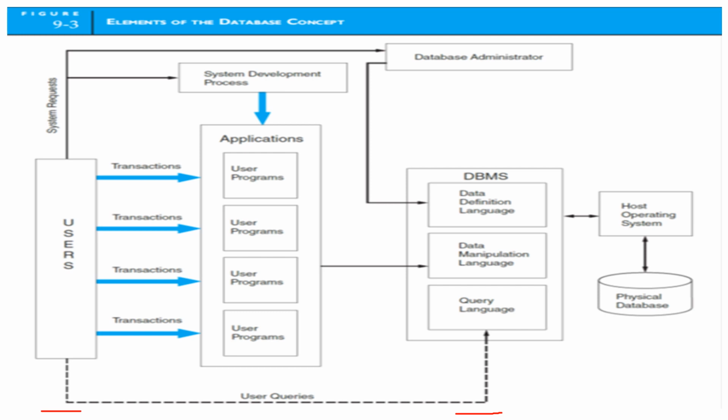First, let's look at the system requests. Programmers are part of the users. When they go through the system development process, they develop applications, either accounting programs, marketing programs, and so on.